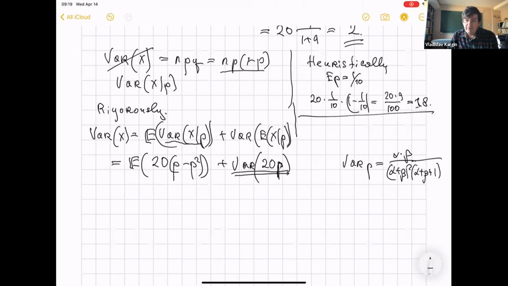So we can Google the beta random variable and find out this variance. In our case, it's equal to 1 multiplied by 9, over 1 plus 9 squared, 1 plus 9 plus 1. So it's equal to 9 divided by 100 multiplied by 11.